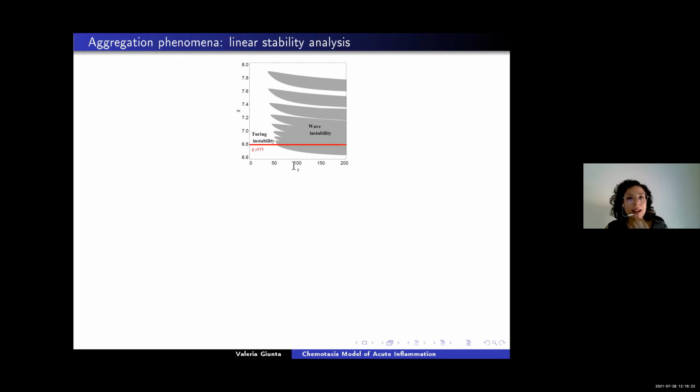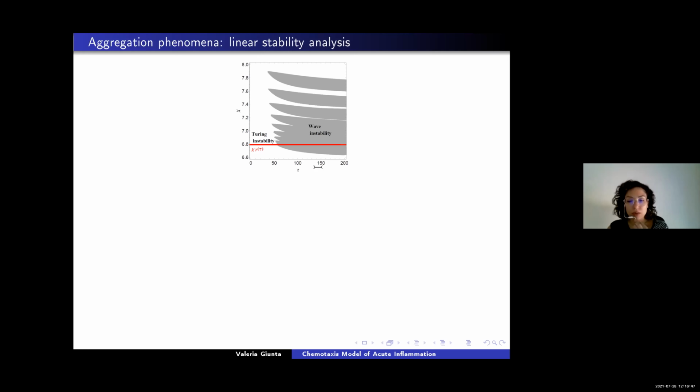From the biological point of view, the analysis of the wave instability suggests that if the anti-inflammatory cytokine acts with a sufficiently slow time scale, then a temporal and local resolution of the inflammation is possible.